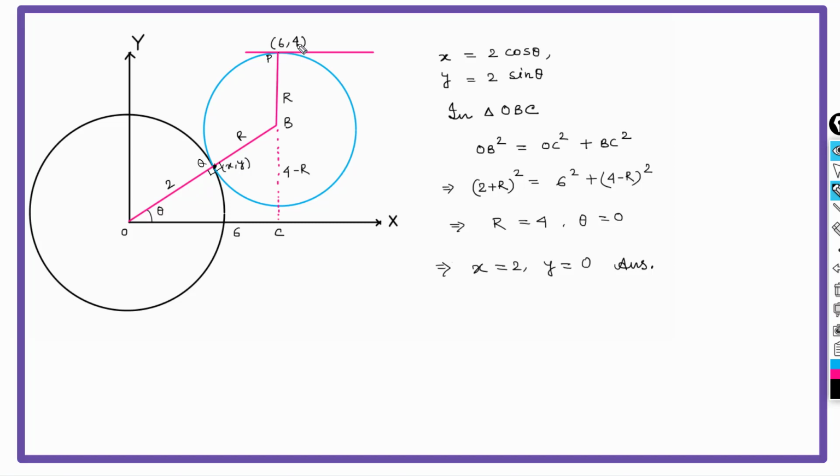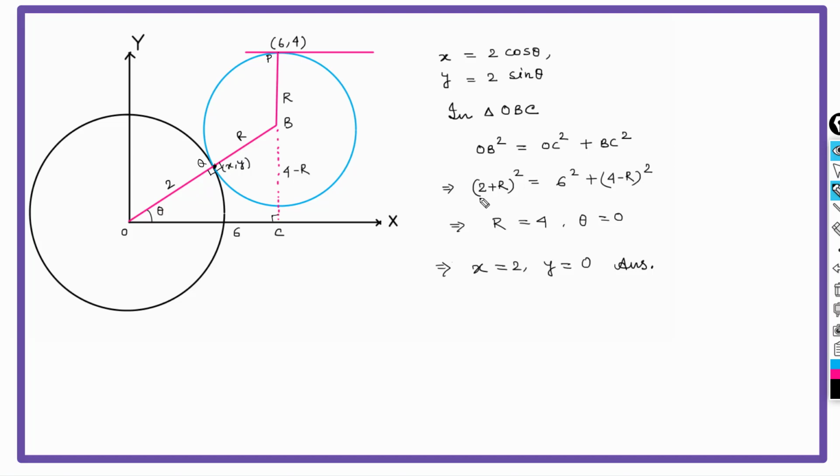Now, as the coordinates of point P are mentioned, (6, 4), this vertical distance is obviously 4 and this radius is R. So the left out portion is 4 minus R. And the horizontal segment is 6. So I get a nice right angle triangle OBC, and from here I can say OB square is BC square plus OC square, and from simple geometry I can find the value of R to be 4.